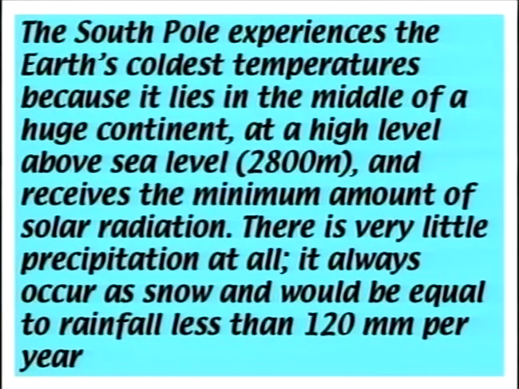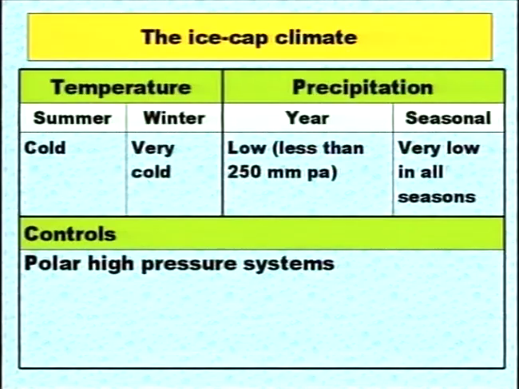Okay, finally, looking at the summary of this particular type of climate, which is the ice cap type climate. The summary would be, in summer, the temperatures are cold. In winter, very cold. Precipitation is low, less than 250 millimeters per year.